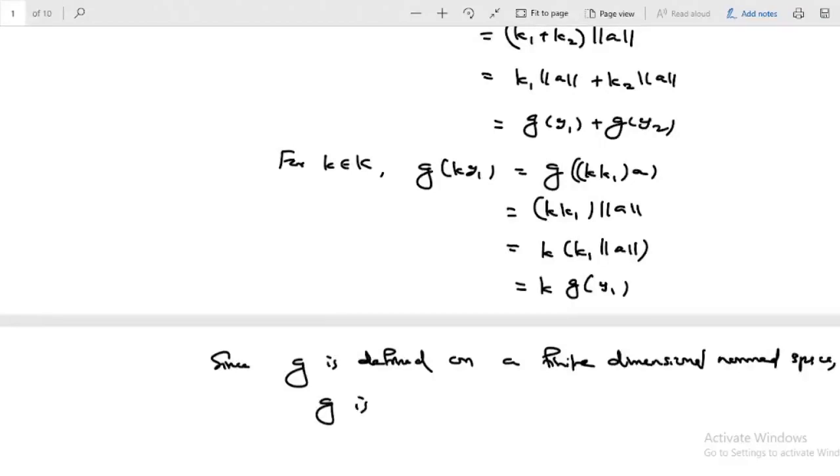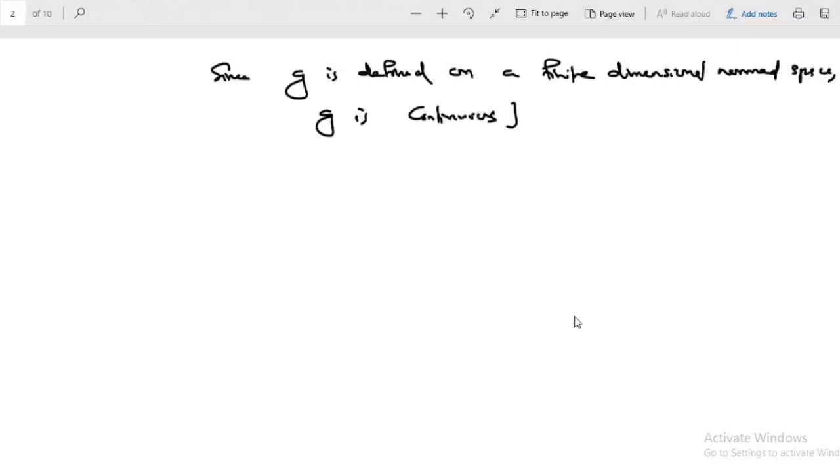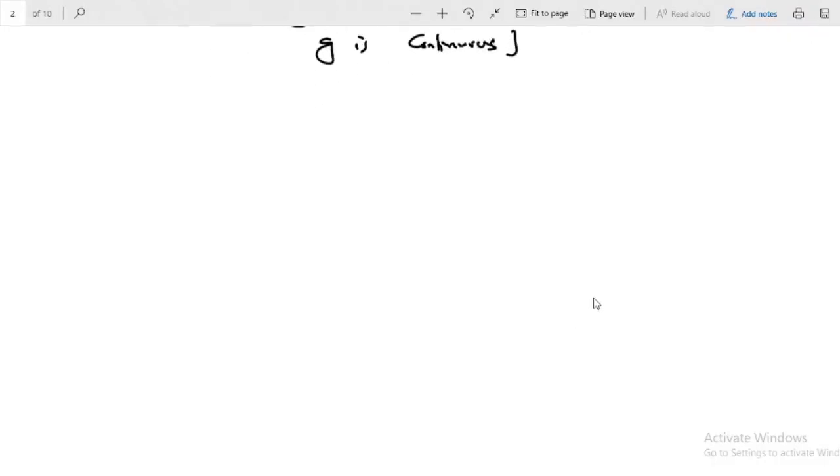Now G is continuous and linear. Therefore, G belongs to Y dash. Now, G is a continuous linear functional on Y.